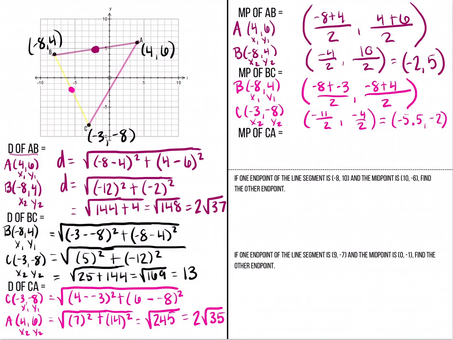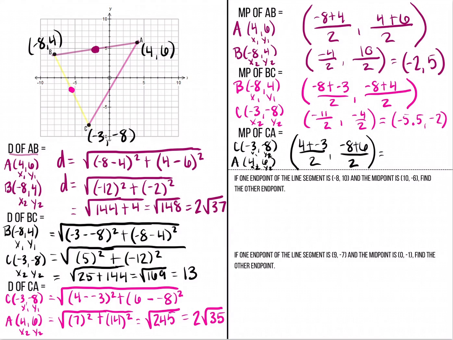Okay, and then CA. C is (-3, -8), A is (4, 6). So again, x1, y1, x2, y2. You just keep labeling them. Okay, so then, let's see, 4 plus negative 3 divided by 2, negative 8 plus 6 divided by 2.